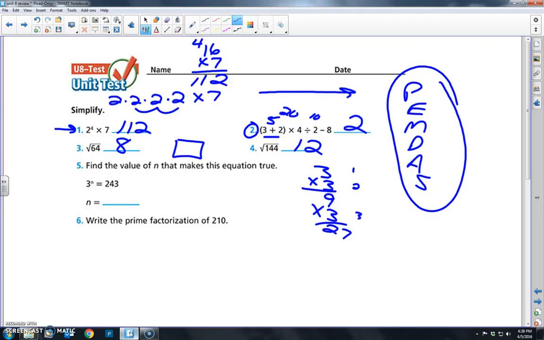There's 3 3s. 27 times 3 is 81. There's 4 3s. 81 times 3 is 243. So 1, 2, 3, 4, 5: 3 to the 5th power equals 243.